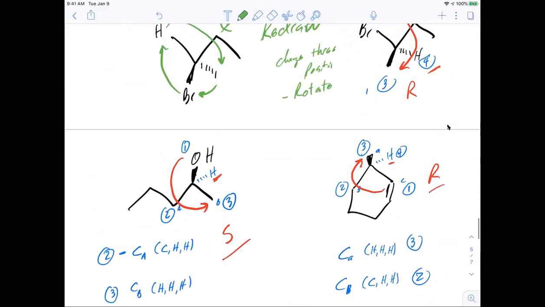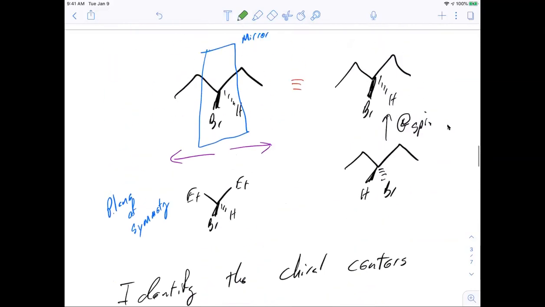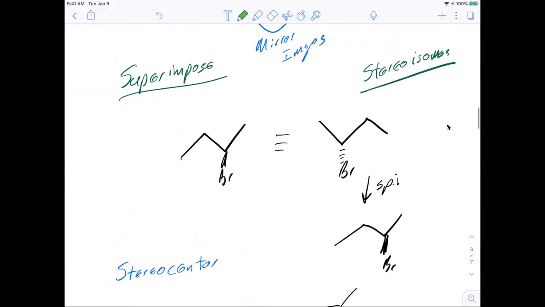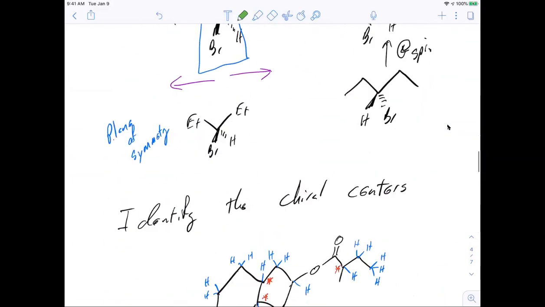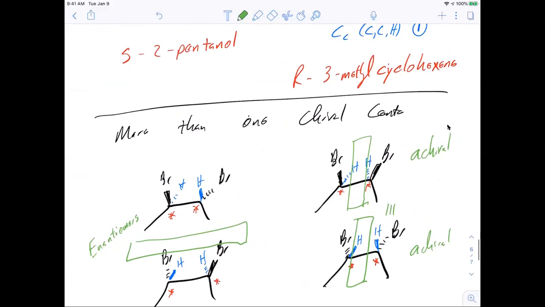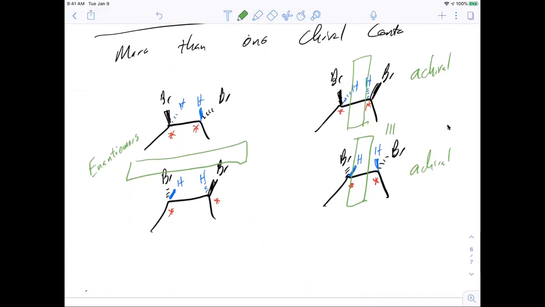Okay. Up here, when we first did these over here, these would be known as enantiomers. Over here, since it has chiral centers, but is an achiral compound, this is known as a meso compound.